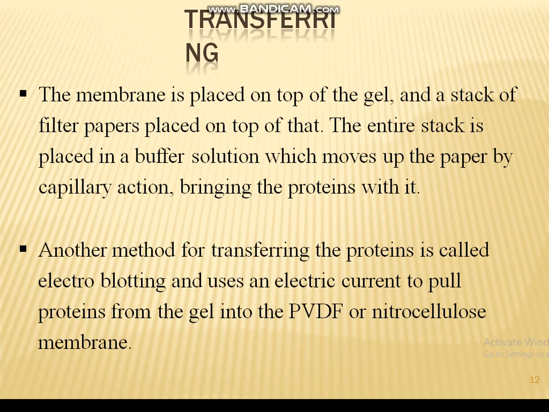The entire stack is placed in a buffer solution which moves up the paper by capillary action, bringing the proteins with it. Another method for transferring the protein is called electroblotting, and it uses an electric current to pull proteins from the gel into the PVDF or nitrocellulose membrane.